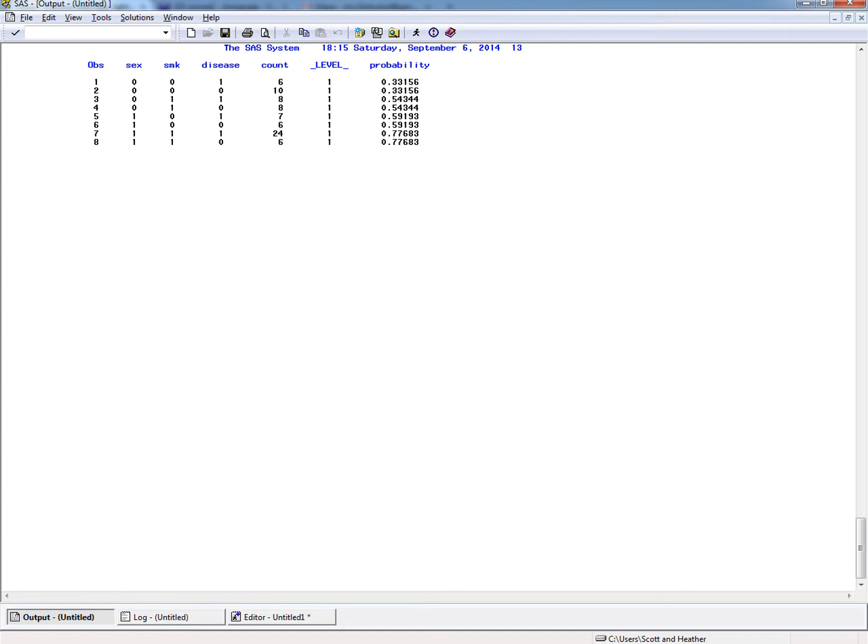The way that SAS creates this data set creates this redundant line. If you don't want the redundancies, you can subset it by that disease variable. It would make that data set look a little cleaner. You could remove all the observations where disease equals 1, or where disease equals 0, if you just wanted to focus on the estimated probabilities based on the X variables.